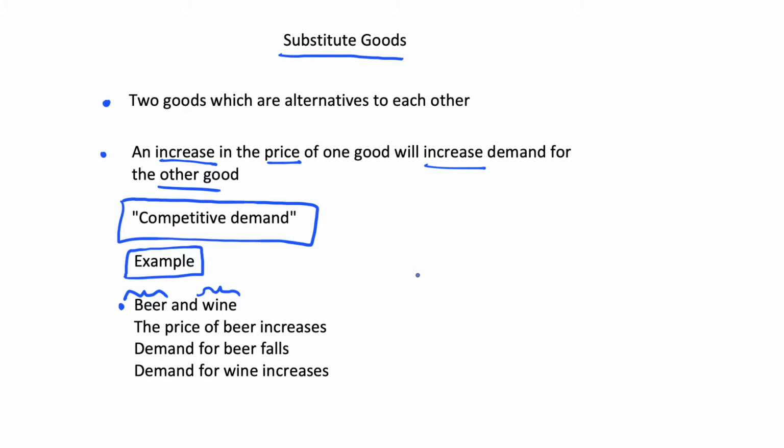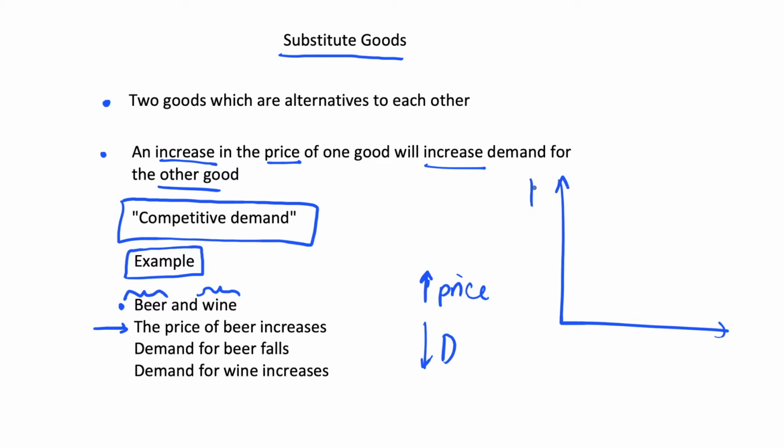So if we consider that we increase the price of beer, this is going to decrease the demand for beer. So if we have our demand curve, we have price and quantity, we have a downward sloping demand curve.